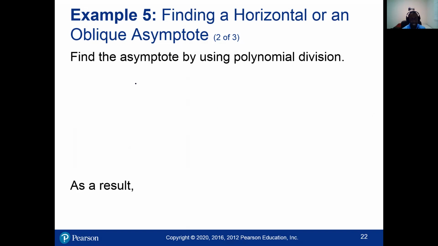We take the numerator, 2x cubed plus 3x squared plus 2. A term is missing, so we introduce the missing term, 0x there, and we divide this by x squared plus x plus 1.